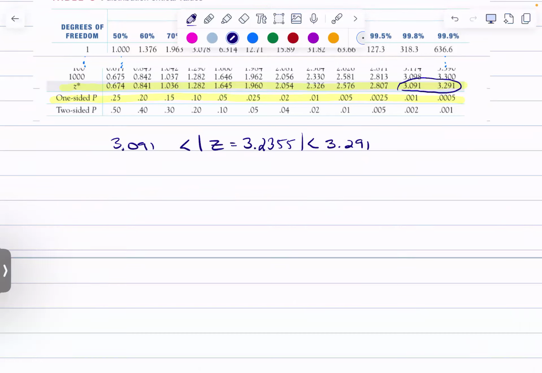So close. Which means our p-value, now as long as you remember to read it from right to left, because as my Zs are increasing, my area in the tail, which is my p-value, is decreasing, then you can use the same structure. And so my one-sided p-value is going to be between 0.0005 and 0.001.